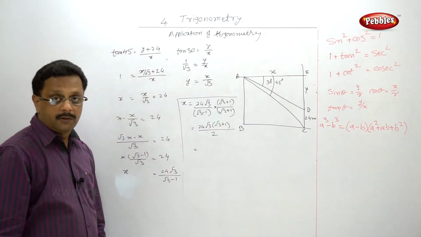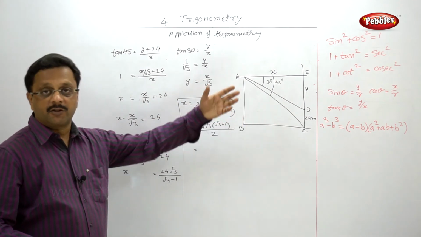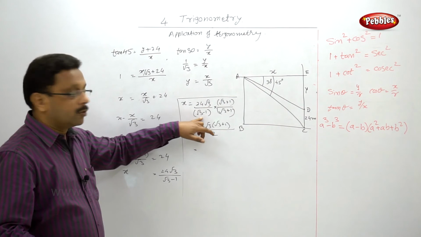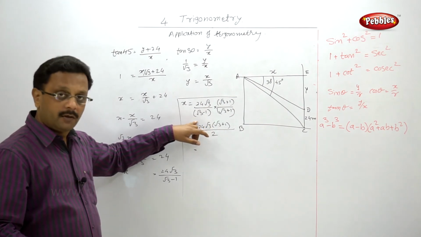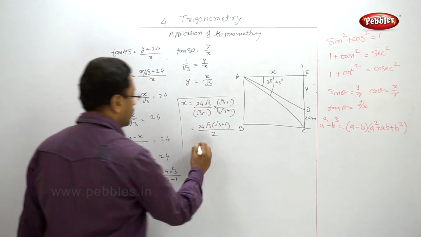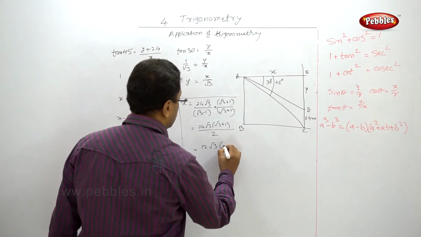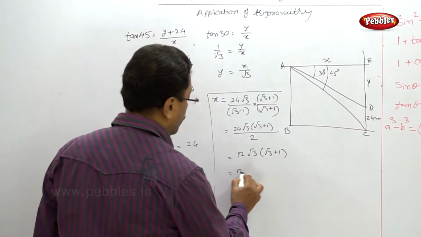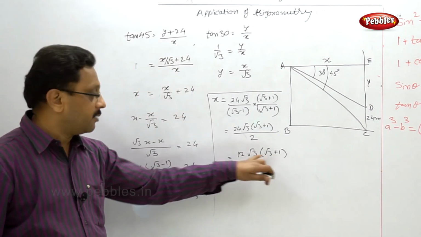I hope you got this. A minus b, a plus b, that is equal to a square minus b square. So root 3 square minus 1 square. Root 3 square is 3. 1 square is 1. 3 minus 1, 2. So I have got here 12 root 3 into root 3 plus 1. 12 into bracket, I'll just multiply each term of the bracket inside by root 3.